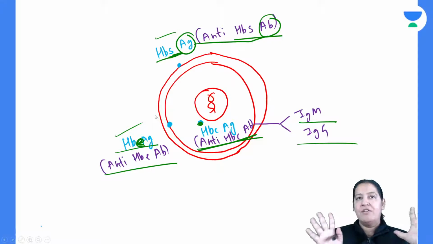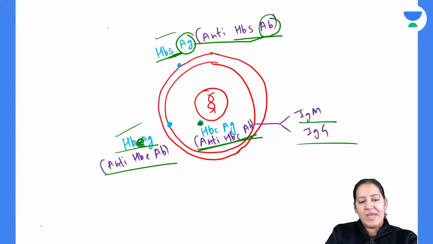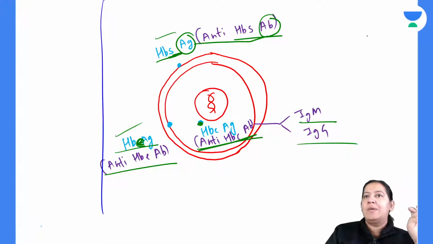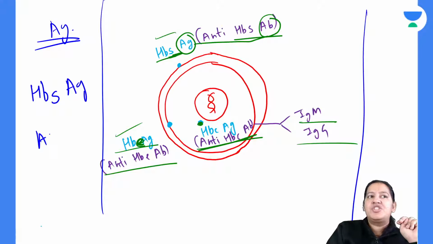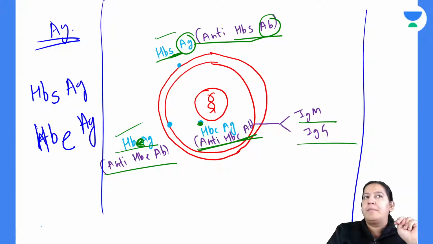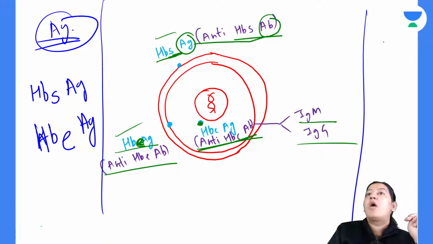At the end, how many antigens and how many antibodies do we have in the blood? In the blood you have two antigens. Name them: HBs antigen and HBe antigen. C will not come in the blood. What about antibodies?